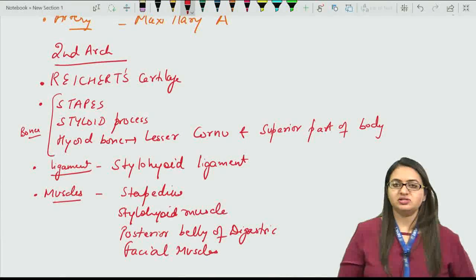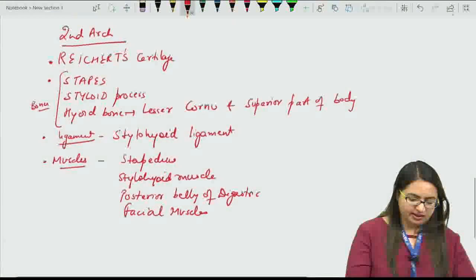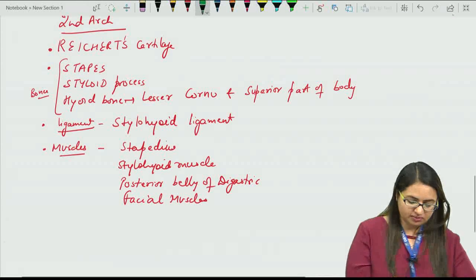So all these structures are being derived from the second arch: the cartilage, ligaments, bones, and the muscles.